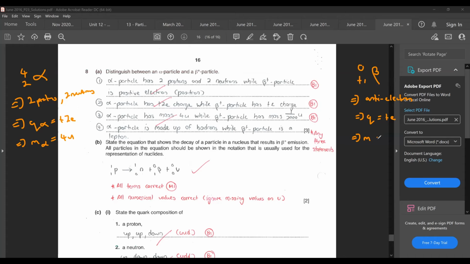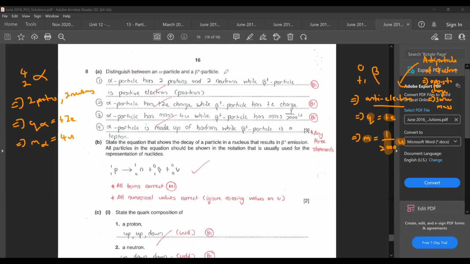The mass is going to be 1 over 2000 u because the anti-electron, the antiparticle of electron, by right should have opposite charge but same mass. So that's why here the mass of positron is 1/2000 u. It's actually the same mass as electron. The charge is positive e because it's opposite to the charge of an electron.